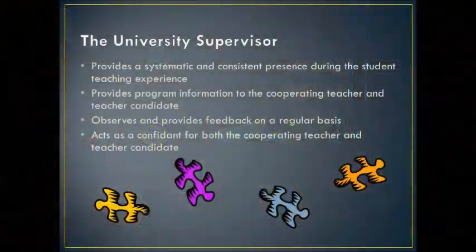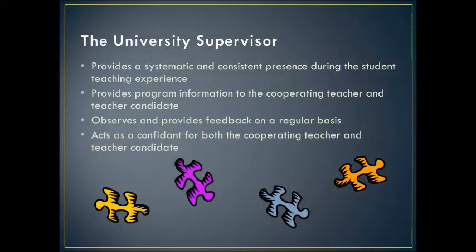And the first is the university supervisor. The university supervisor, and you'll see the slide here with puzzle pieces that says the university supervisor. They're there to provide that systematic and consistent support from the university. They're there to provide program information for you and the teacher candidate. They're going to observe pretty much every other week or every week as they're there, and provide feedback on a regular basis, both to you as the cooperating teacher and to the teacher candidate.